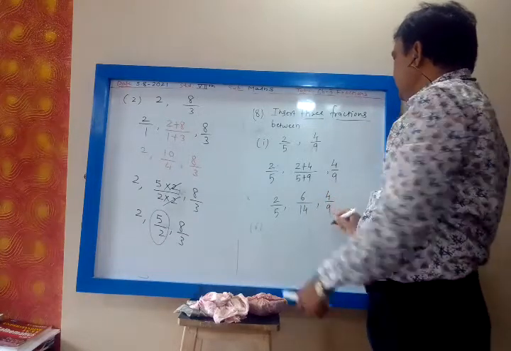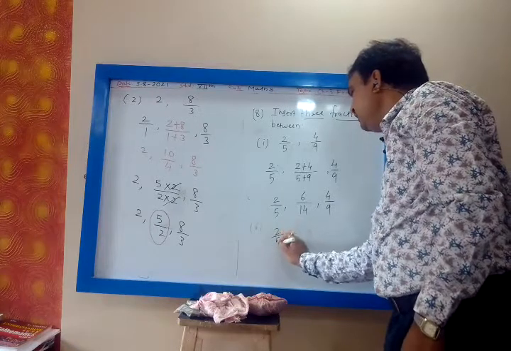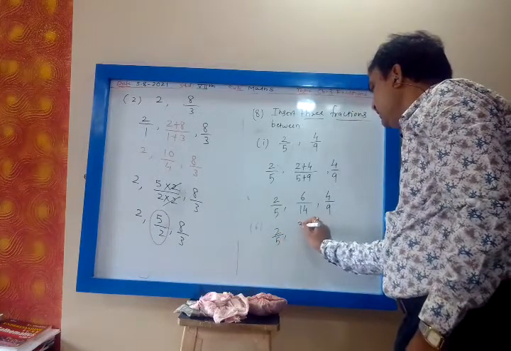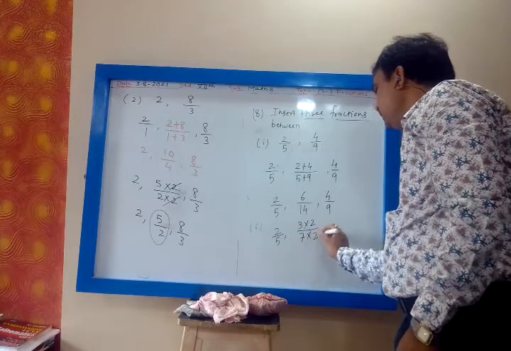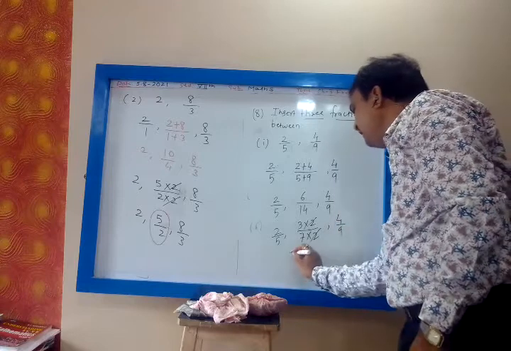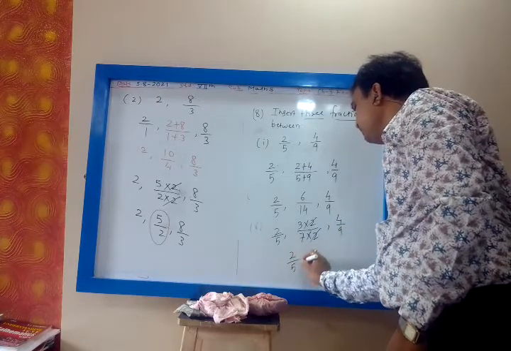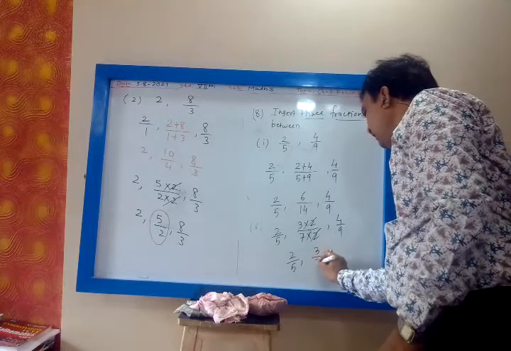But 6 by 14 you can cancel common factor. 3 2s are 6, 7 2s are 14. 2 get cancelled. So first fraction is 2 by 5, then 3 by 7 and 4 by 9.